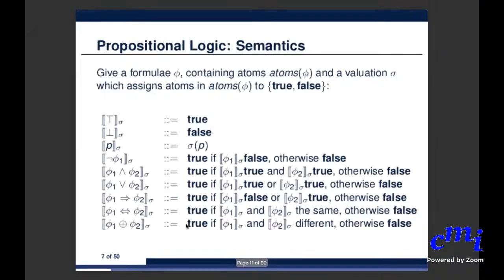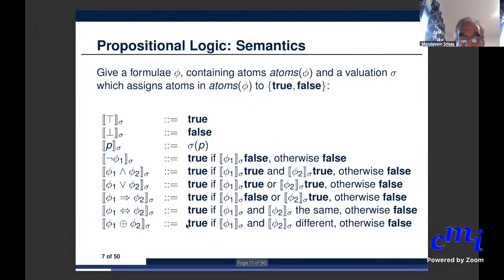Sir, in that slide, the third last statement, phi 1 implies phi 2 under sigma. Is that only one case, like phi 1 under sigma false and phi 2 under sigma true? There are two cases here.